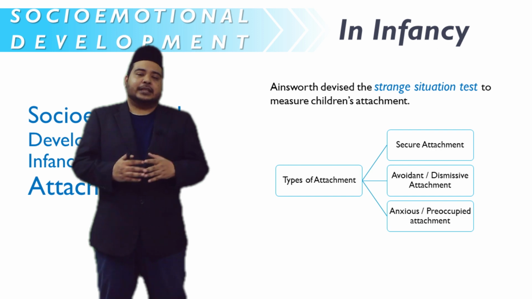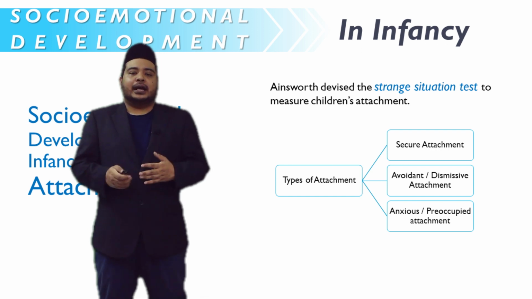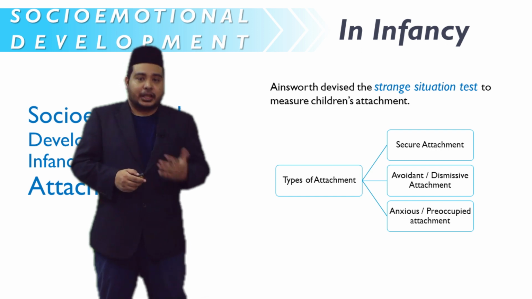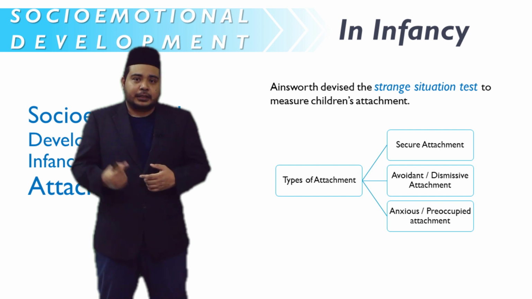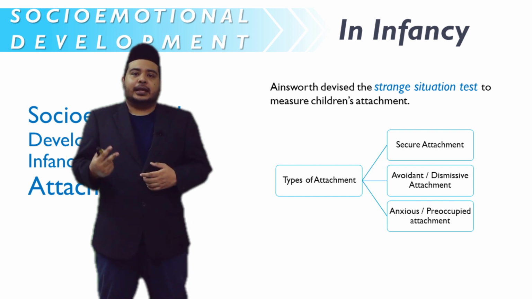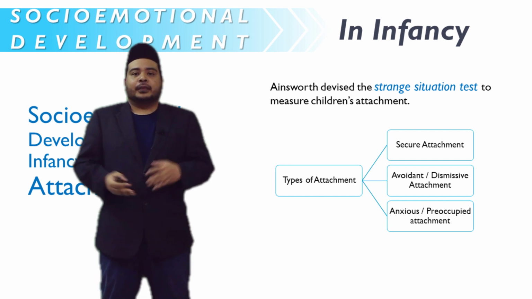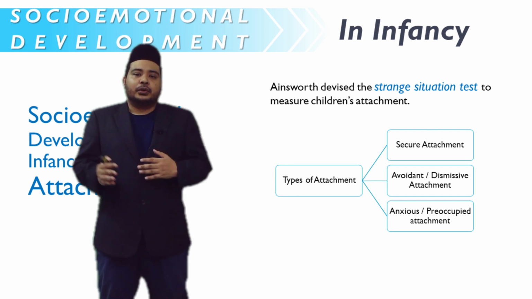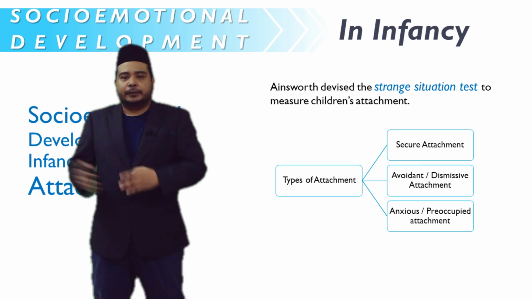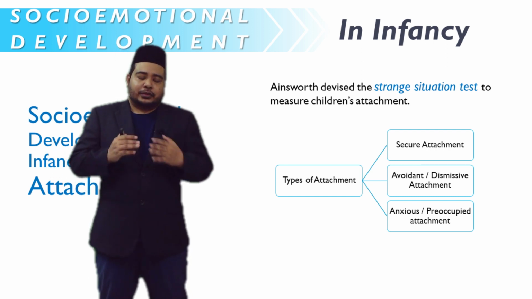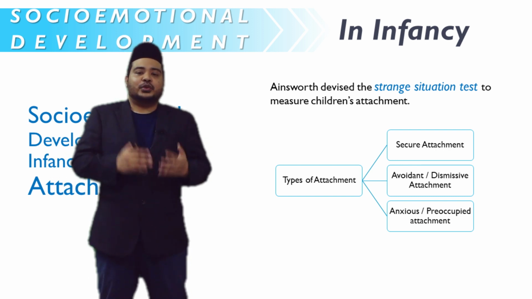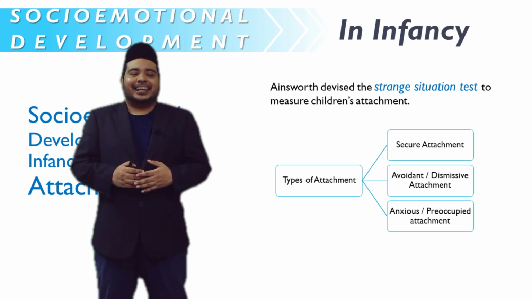They used this test and found there are three types of attachment: secure attachment, avoidant attachment, and anxious attachment. Avoidant attachment is also known as dismissive attachment. Anxious attachment is also known as preoccupied attachment.